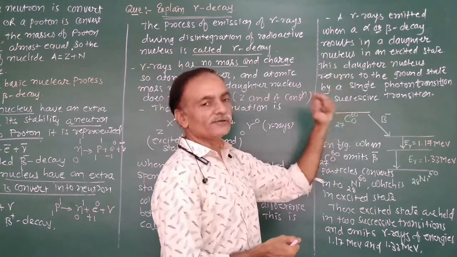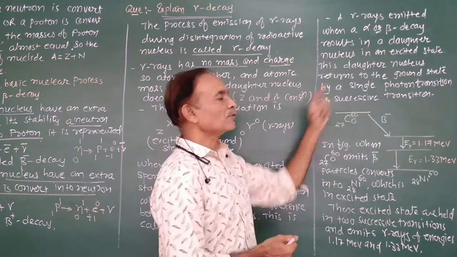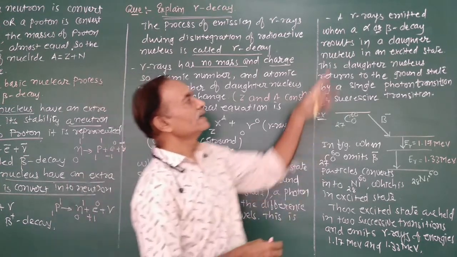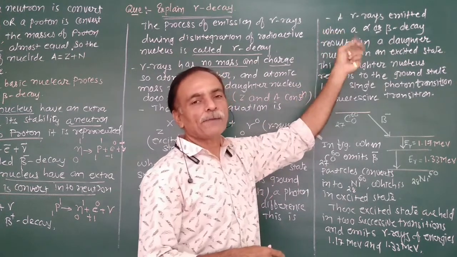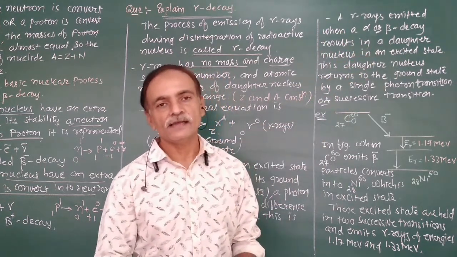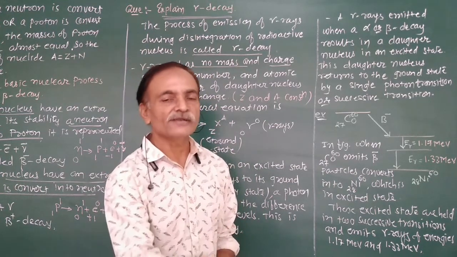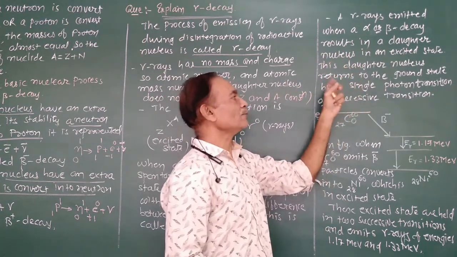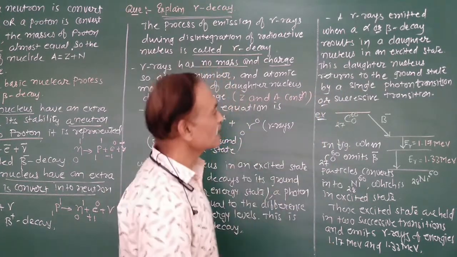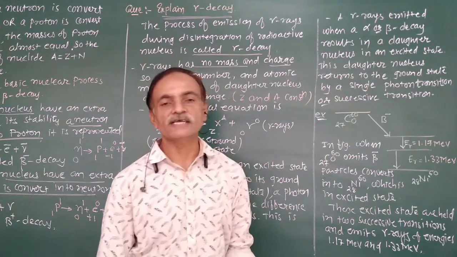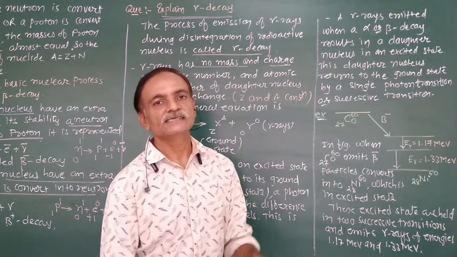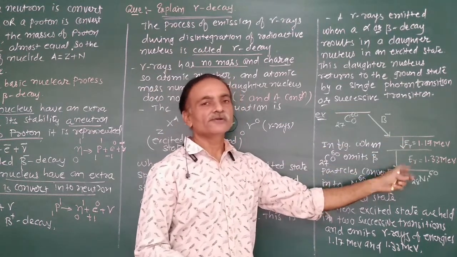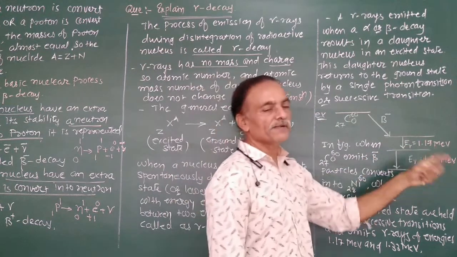This daughter nucleus returns to the ground state or other energy levels by a single photon transition or successive transitions. During the single transition from a higher energy level to the ground state, or successive transitions, gamma rays of different energies are emitted.